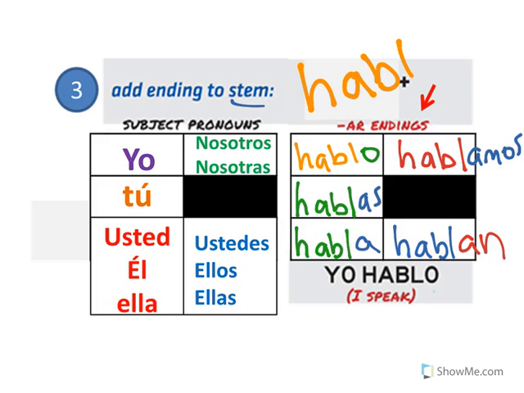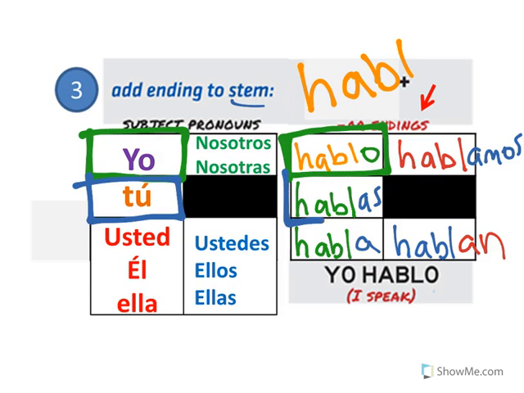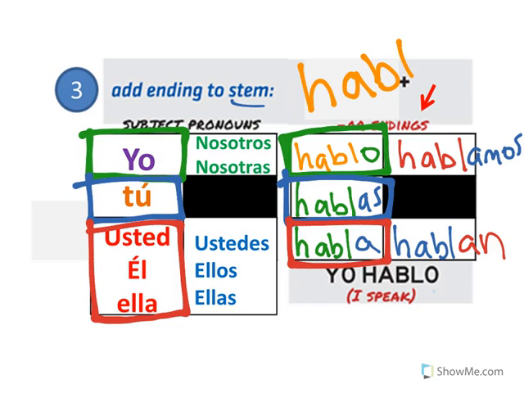So what I want you to take away from here is that these charts match up with each other, like the last one we did with tener. So, for example, yo goes with hablo. Tú with hablas. Usted, él, and ella with the A ending, habla.